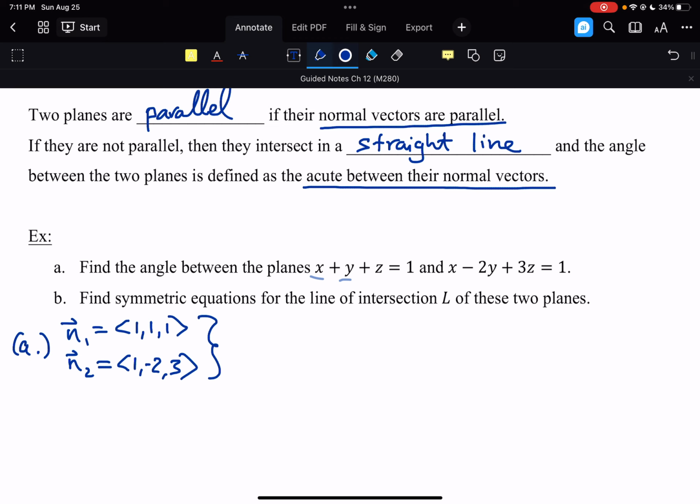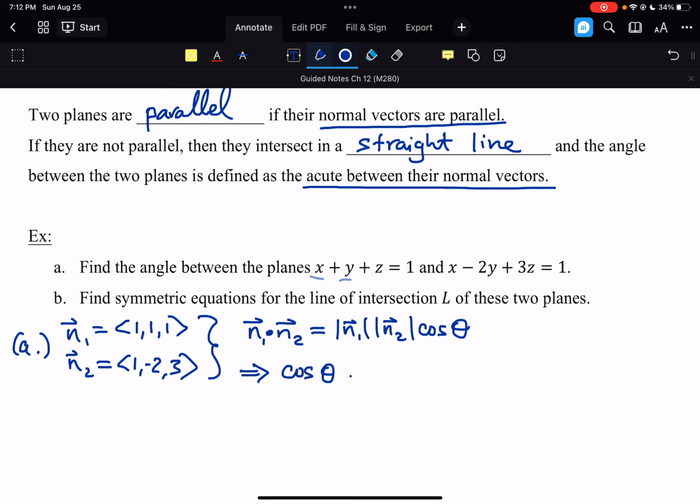How do we find the angle between two vectors? Well, we have some different formulas for it. I think the first one that we really looked at was the dot product formula. So this is n1 dotted with n2 equals magnitude of n1 times magnitude of n2 times cosine of theta, where theta is the angle between them.